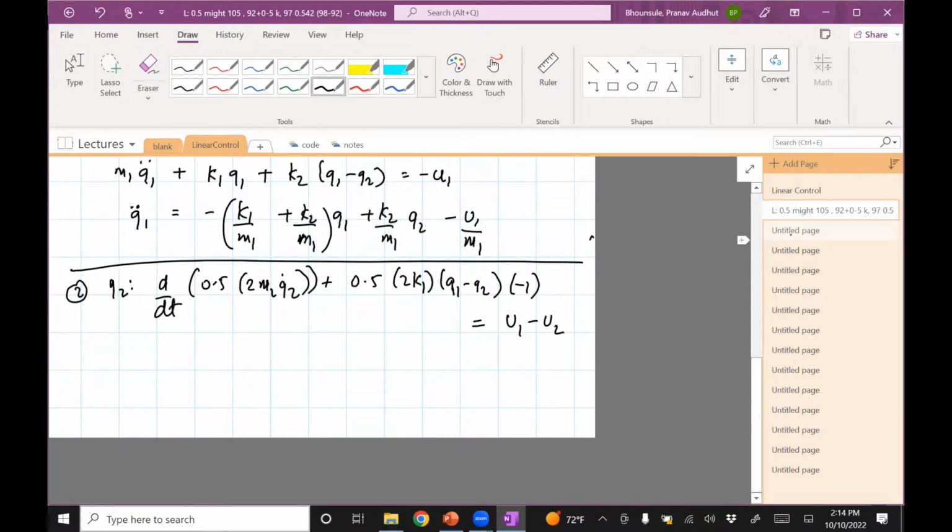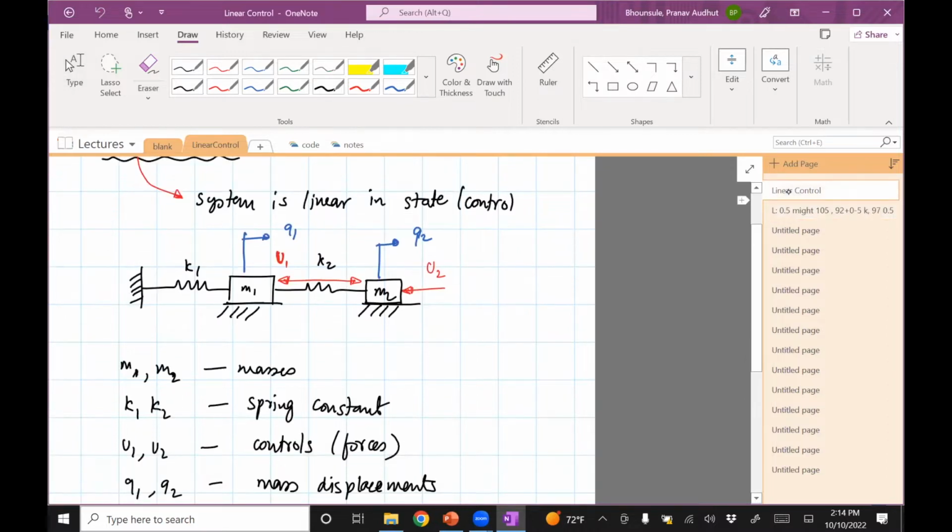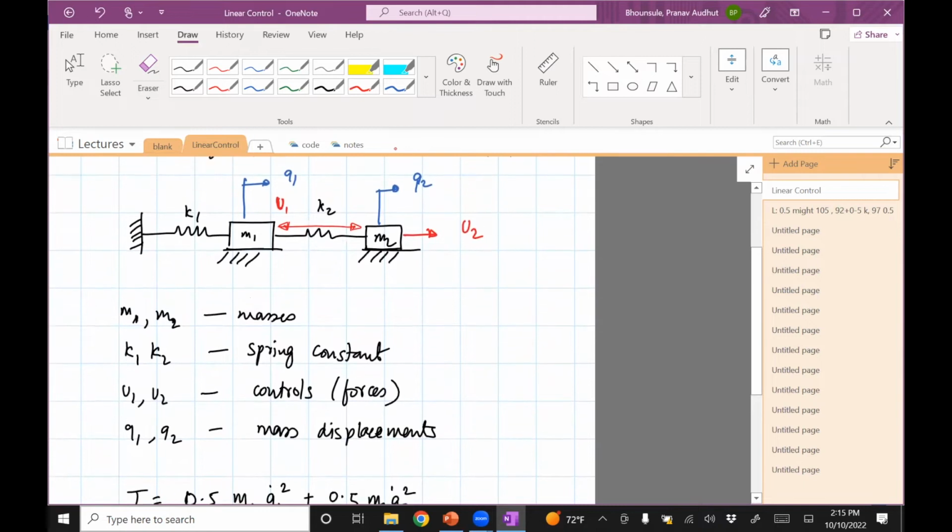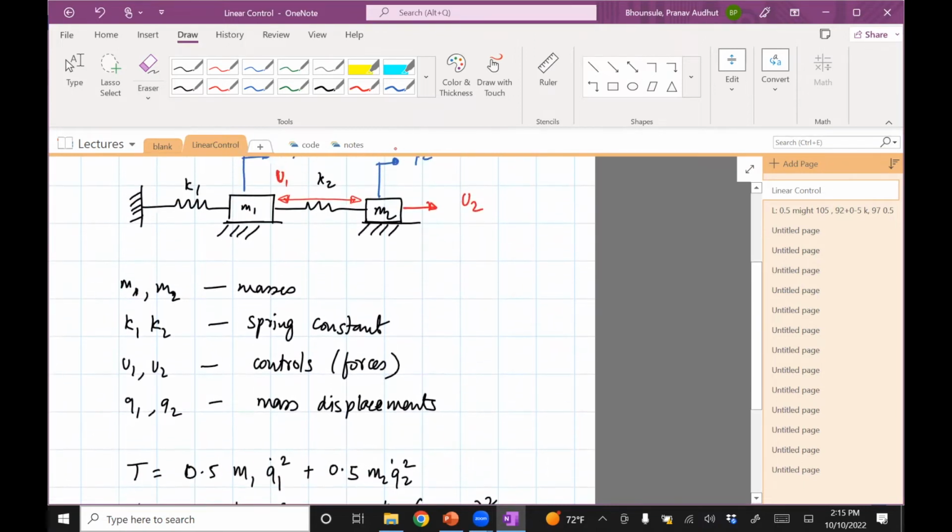Okay, so we can simplify this. In my notes, I just happen to use U2 to be in this direction. So not much consequence other than just changing that sign there. So U2 is in the direction shown, just change that.